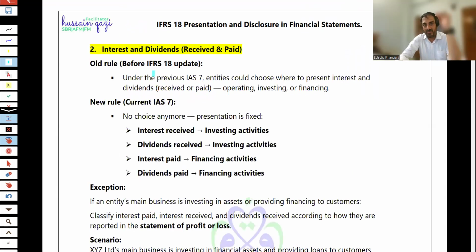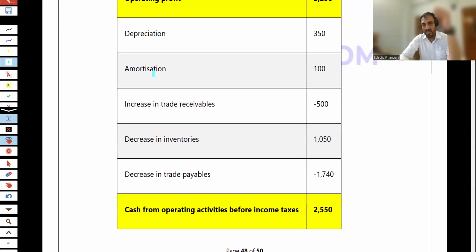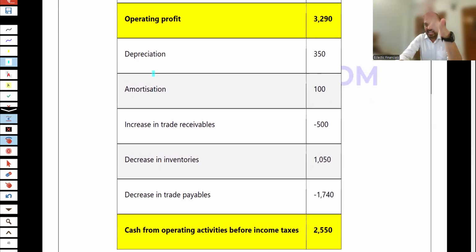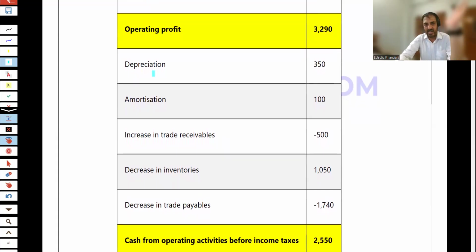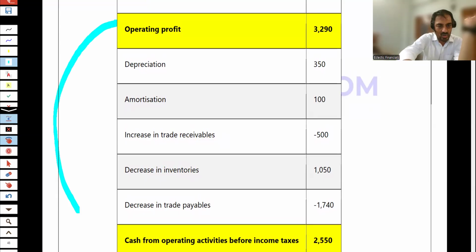Take the operating profit of the P&L and make adjustments for non-cash items and working capital, and then close with cash flow from operating activities before income taxes.